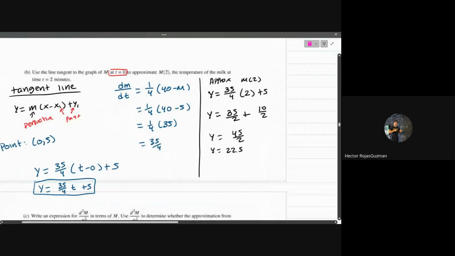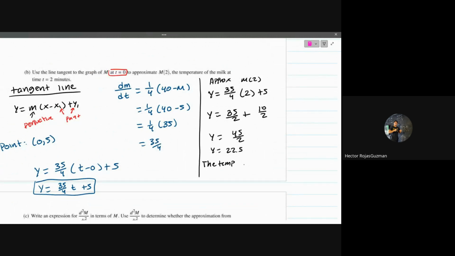So the temperature of the milk at 2 minutes is 22.5 degrees Celsius.